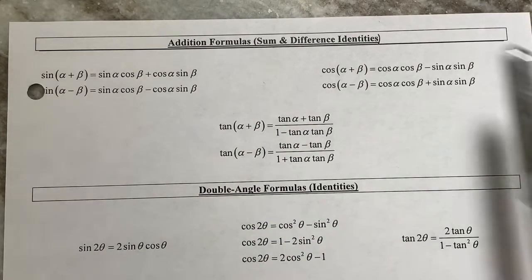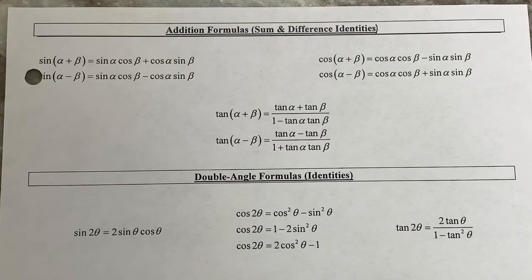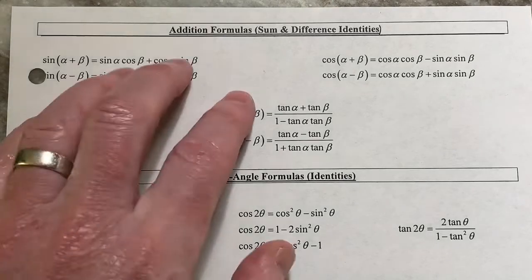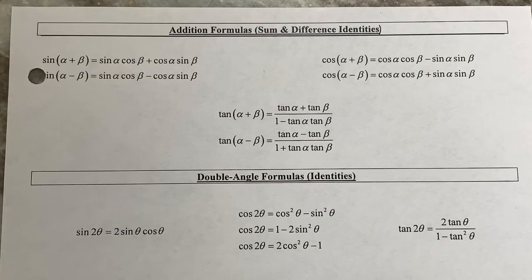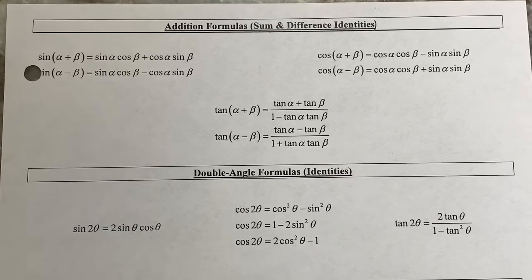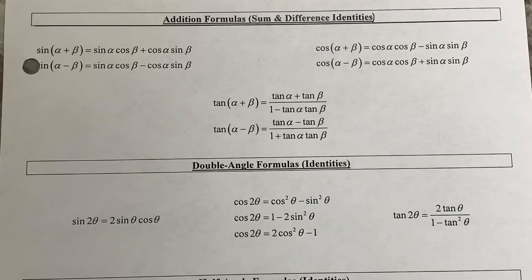Again, I really want you to have these memorized. You will have to have them memorized eventually, but you can take this identities page into your test with you. It's going to help you a little bit. Most of my kids always know these by the time test comes around, but we've had lots of quizzes on them. But here are the 6 we're going to use today in the applications that we'll have.